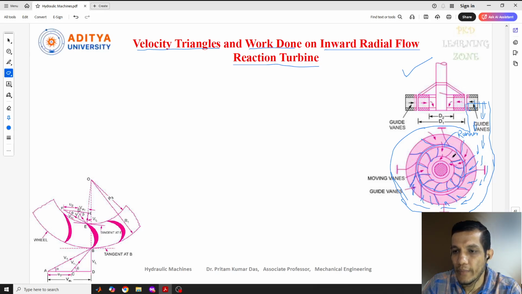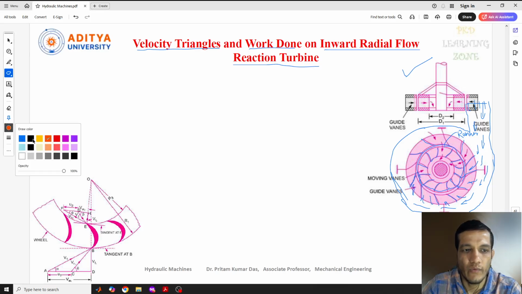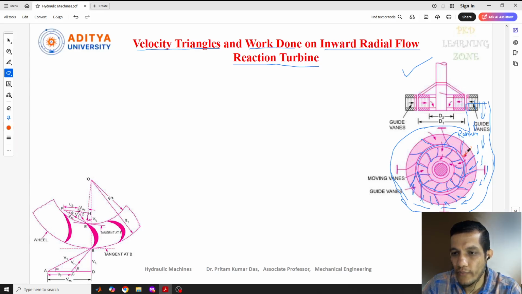Now try to see the direction of the water which came from outside. When it tries to come inside, it will strike over here at this point, and it goes out from here. Similarly, if the water is coming from outside, it will strike here and go outside.